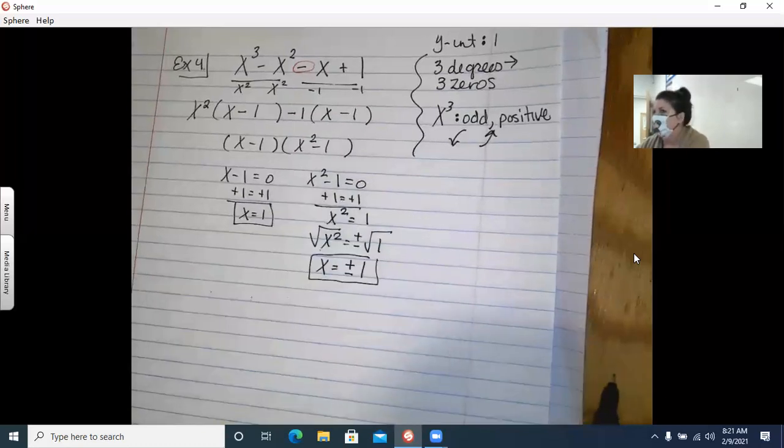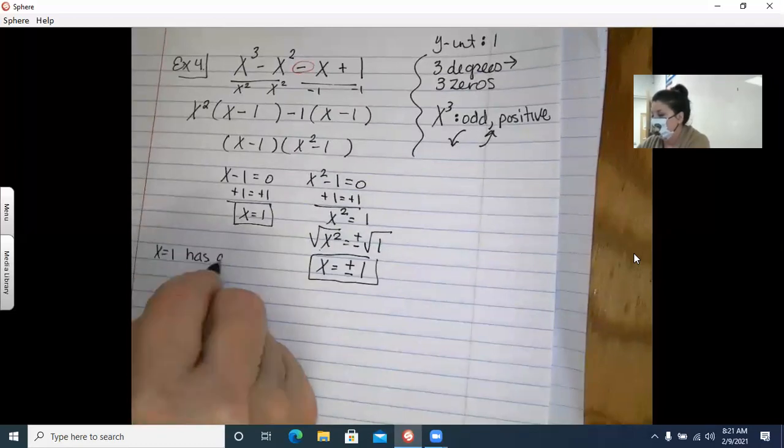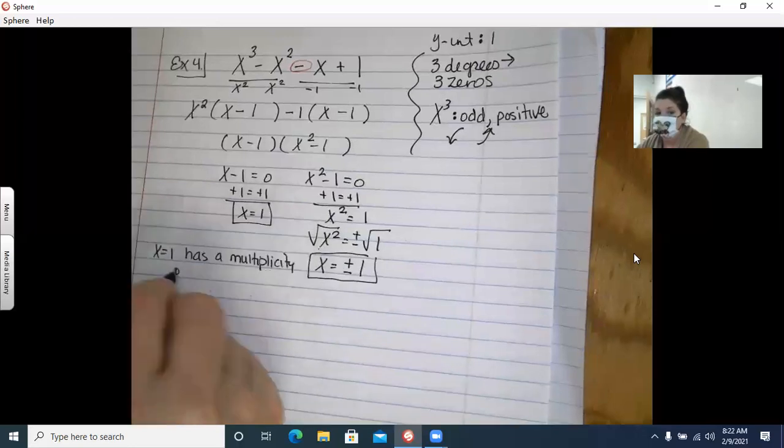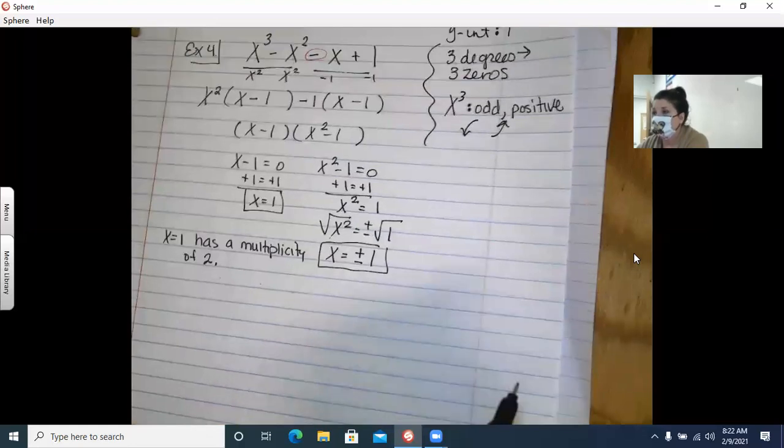How many times do we have a solution of 1? Twice. So wouldn't we say x equals 1 has a multiplicity of what? 2. When you have a multiplicity of an even number, what does that tell you about the graph at that 0? It's going to bounce, right?